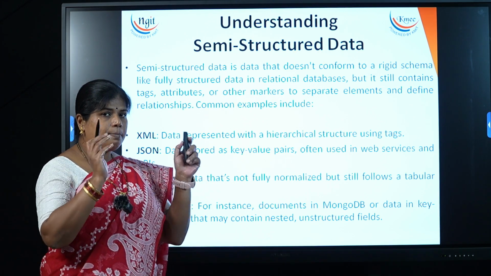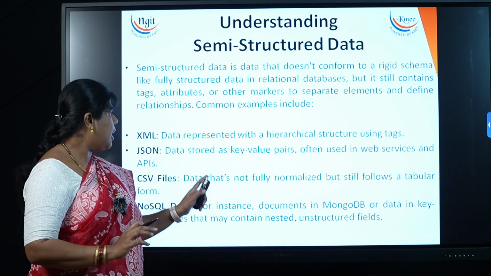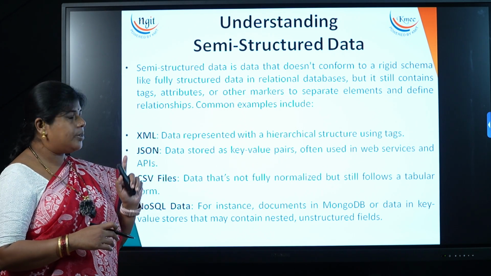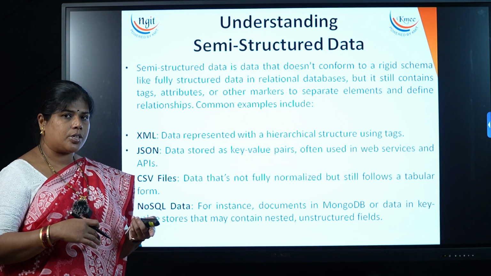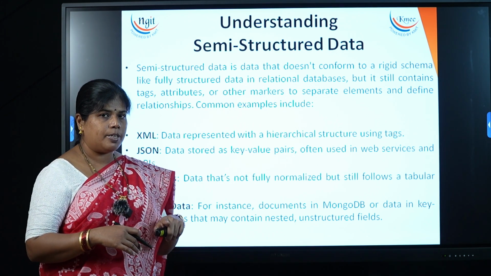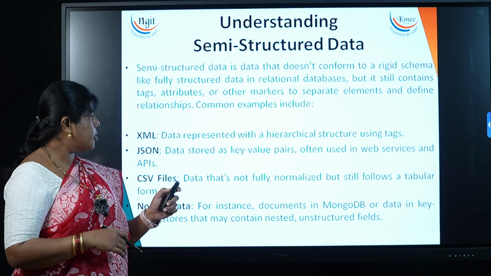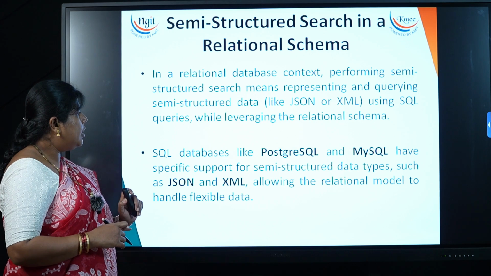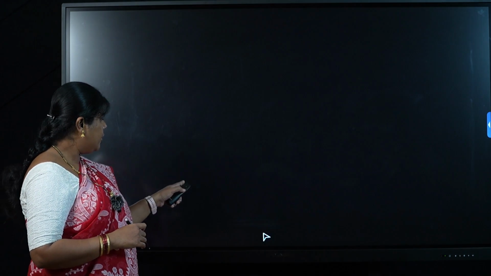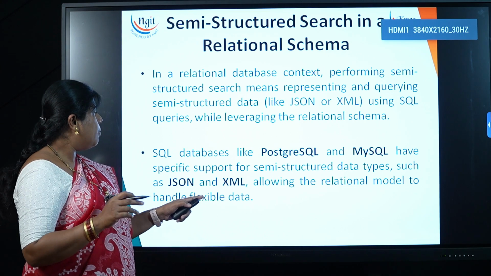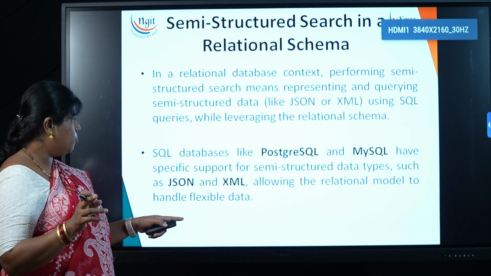Now inside my schema, when I make use of any of these forms, then it becomes semi-structured data, and I am going to perform information retrieval on this semi-structured data. How? Now listen, when you go for JSON or XML format, which database are you going to use?